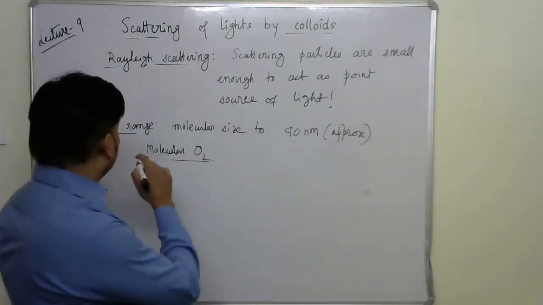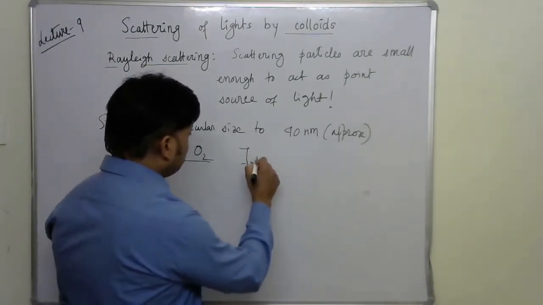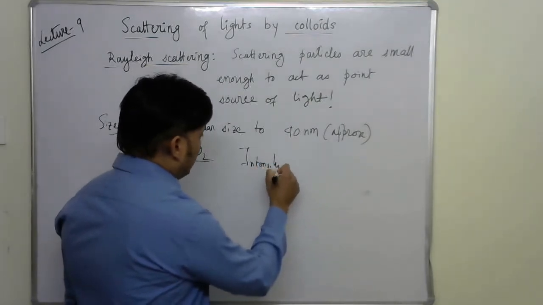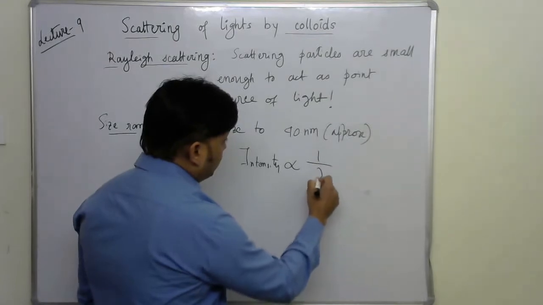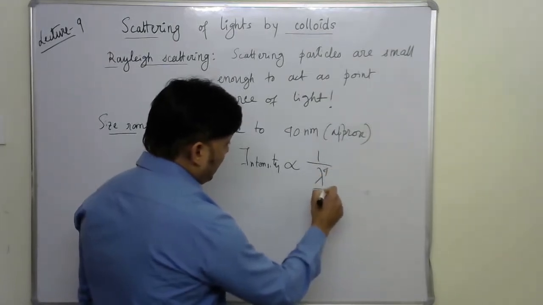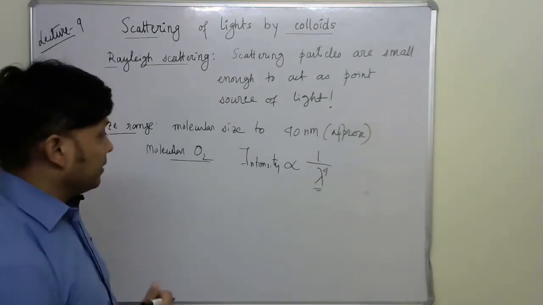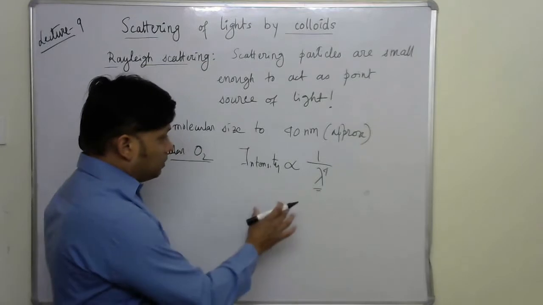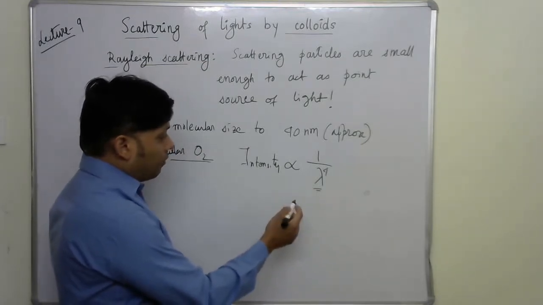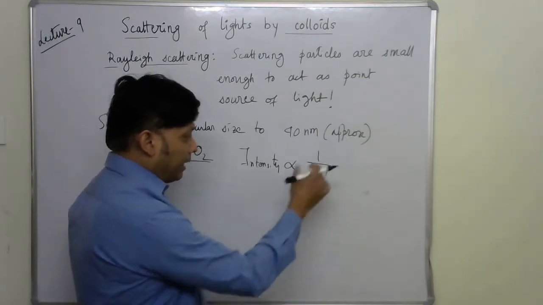And another striking feature of the Rayleigh scattering is that the intensity of the scattered light is inversely proportional to lambda to the power 4, where lambda is the wavelength of the light that is getting scattered. So now, in the visible region, blue light has the smaller lambda and red light has the larger lambda.